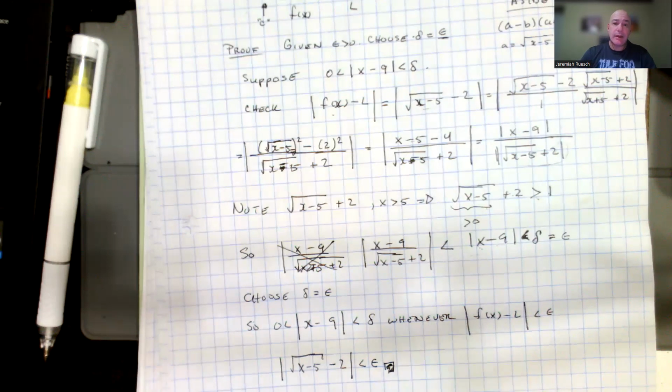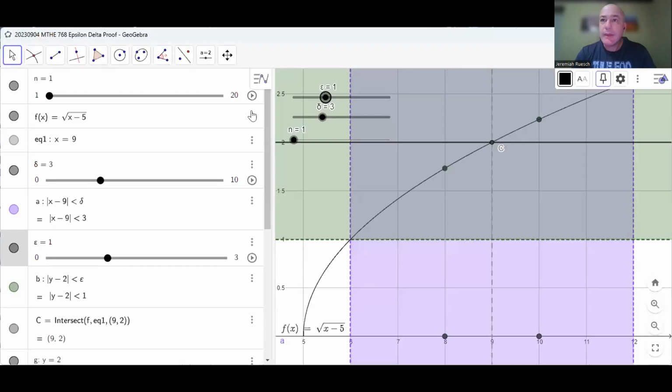And so if we look back at our function here, notice that we chose the minimum of the two, guaranteeing us that this is true.